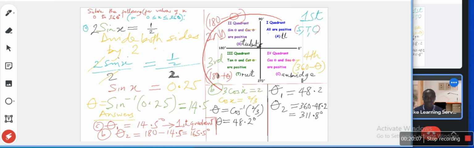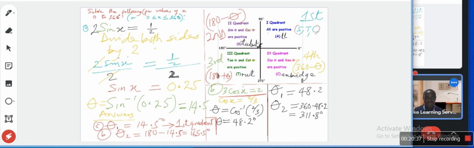Sine is positive in the first quadrant, which is the theta itself, and of course the second quadrant, which is 180 minus theta. In every other quadrant, sine is not positive, so we ignore. It's tan that is positive in the third. It is cosine that is positive in the fourth. So there are only two answers, theta 1 and theta 2.